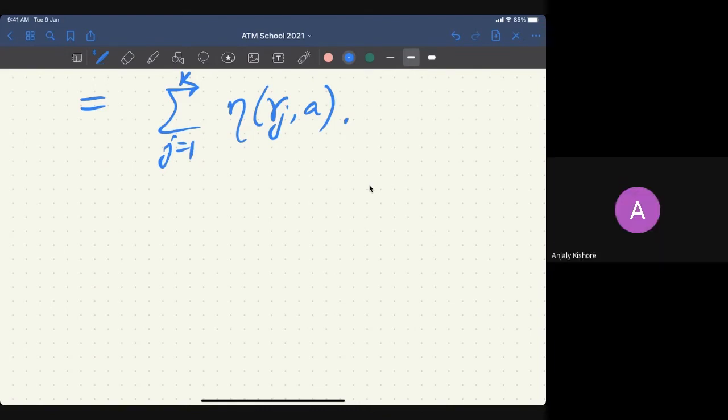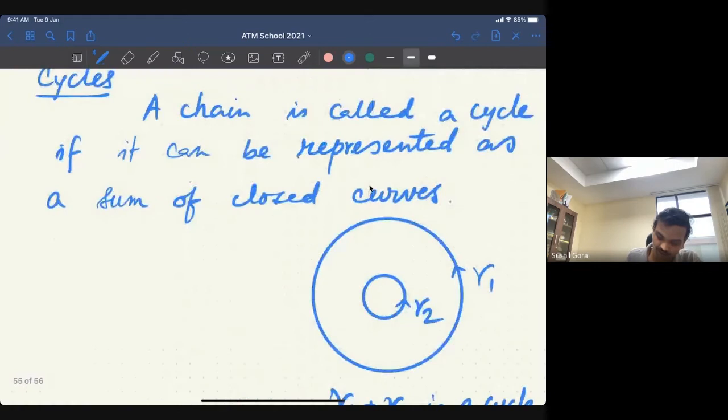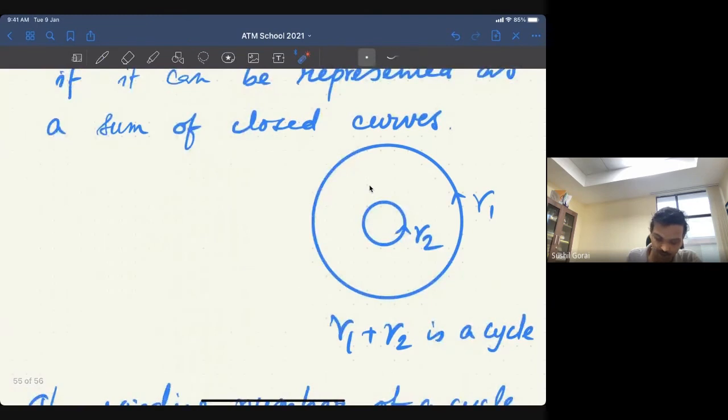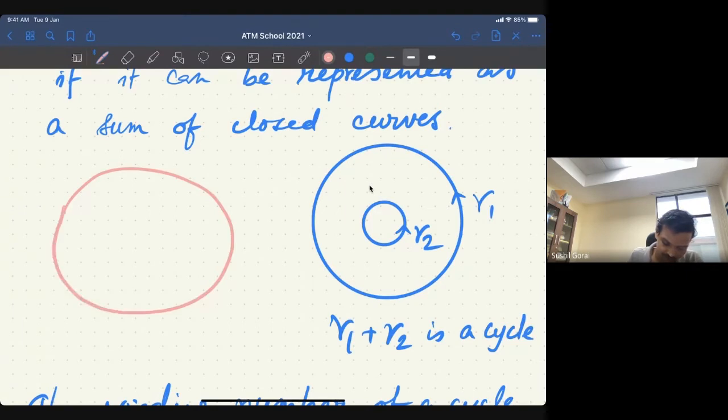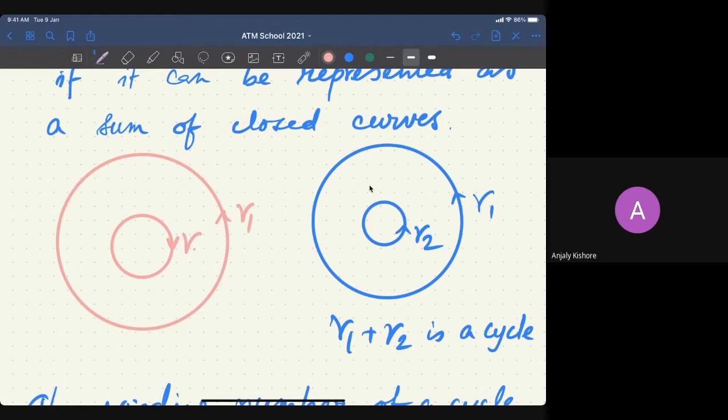Sir, I have a doubt. If the orientation of gamma 2 is in the opposite direction, can we consider it a cycle? Oh yeah, a cycle just needs to be made of closed curves. Let me draw another one. This is the same picture, with gamma 1 the same, but here you have this direction; call it gamma 2 tilde.